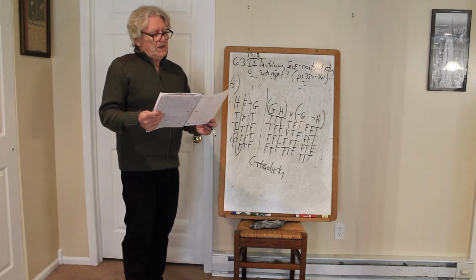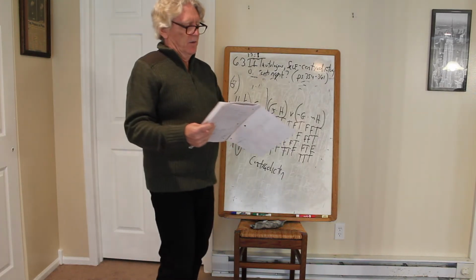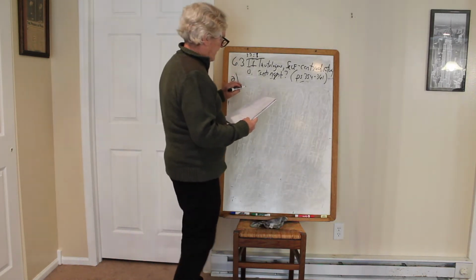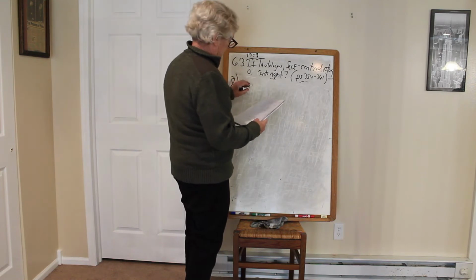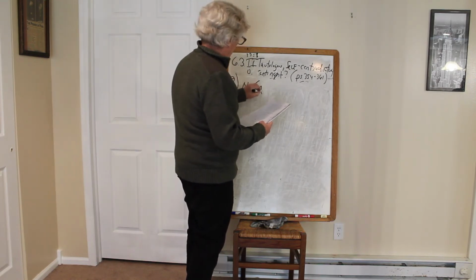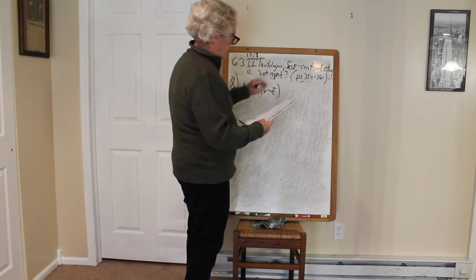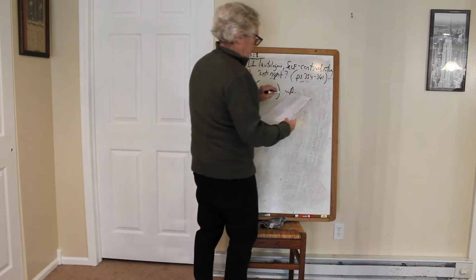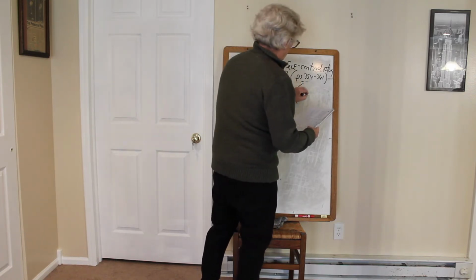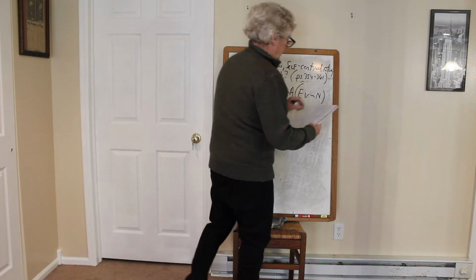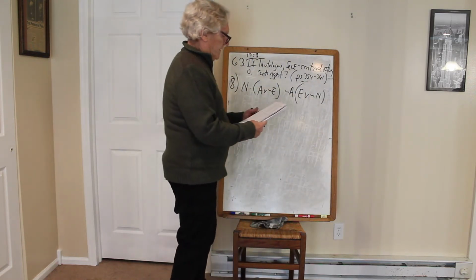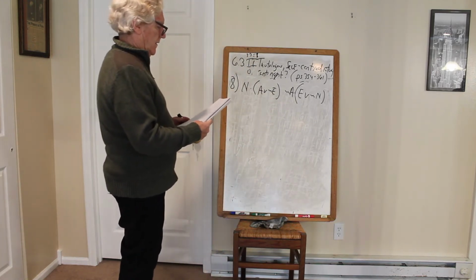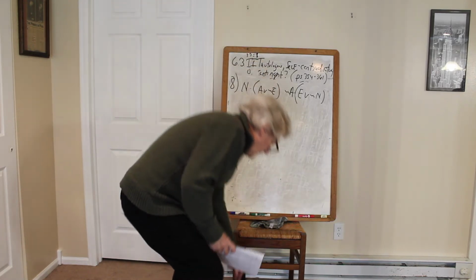Okay. We should do one with 3 letters here, and so we're going to do number 8. All right, number 8. I have N dot A or not E, and then I have not A dot E or not N. Okay, and so there's going to be a dot over here, not A dot E or not N. Okay, so is that the way the problem goes?